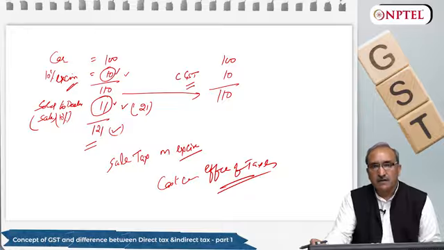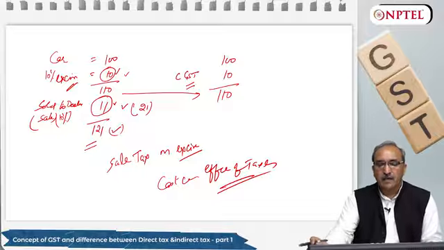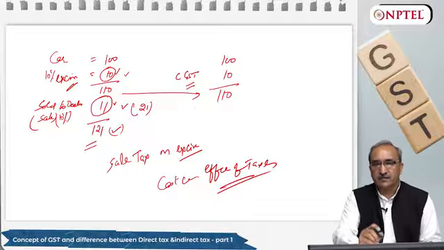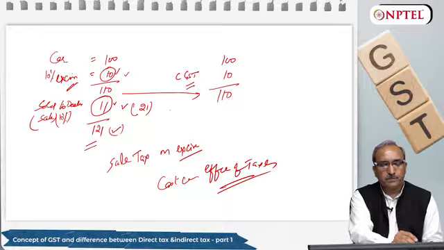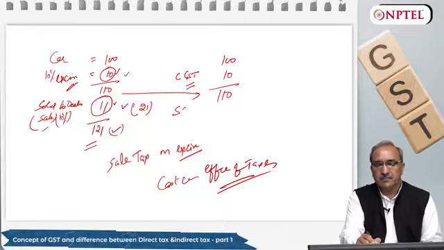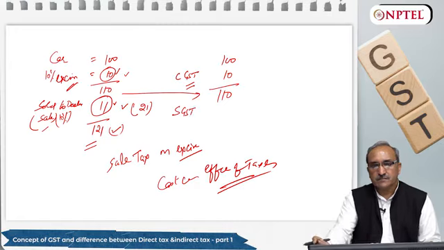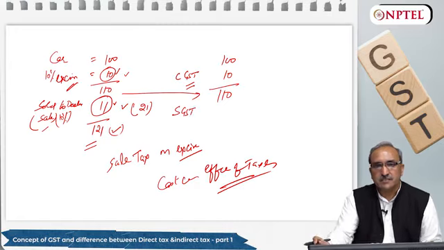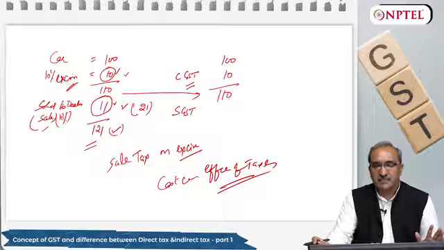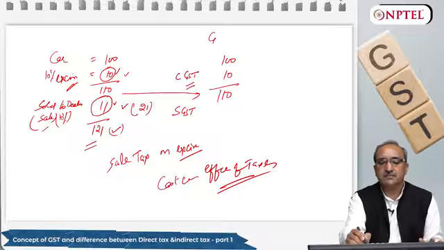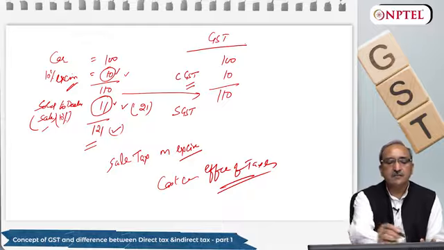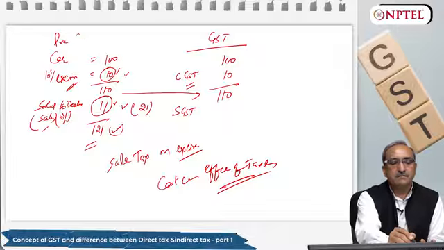Now further, when the dealer buys a car for selling further to the consumer, here GST makes a difference. In place of sales tax or VAT, we will have state GST. This is the GST regime, and this is the pre-GST regime.